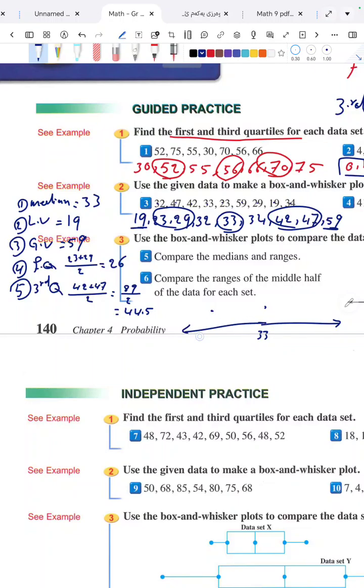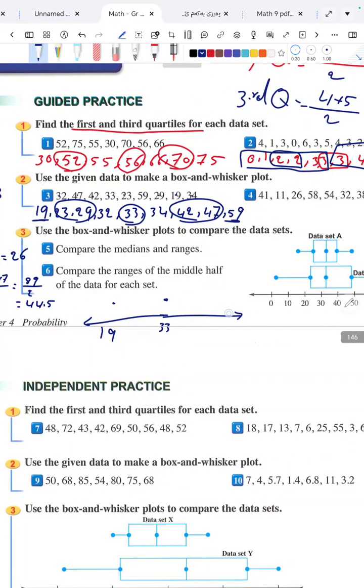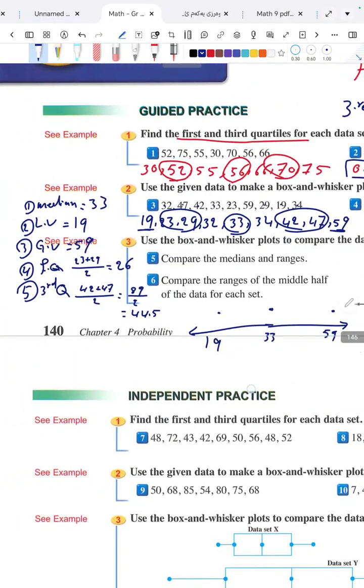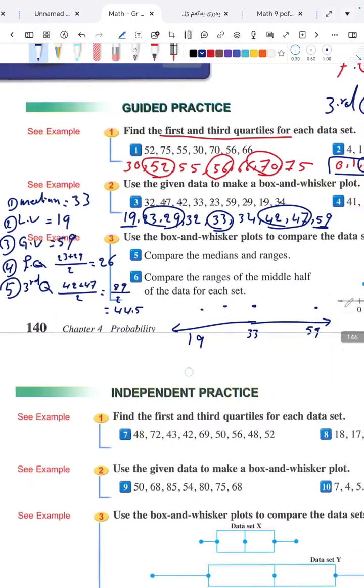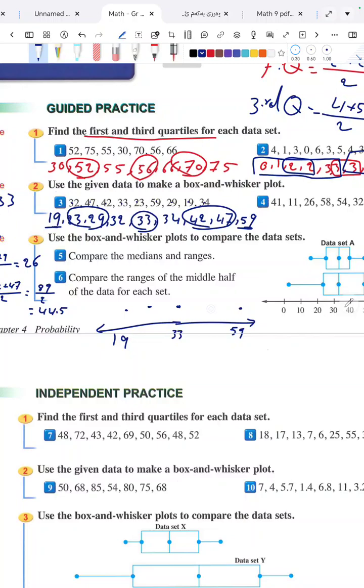For least value you have 19. For greatest value you have 59, on the top. For first quartile you have 26. For third quartile you have 44.5.